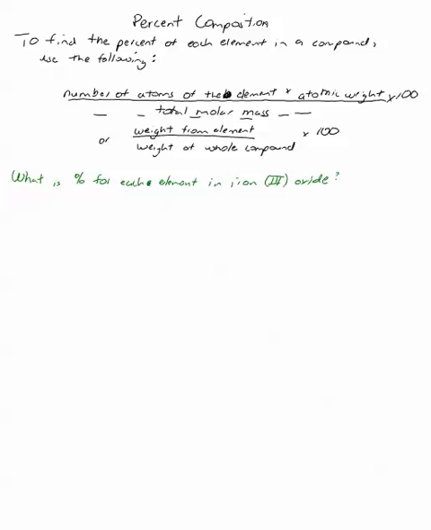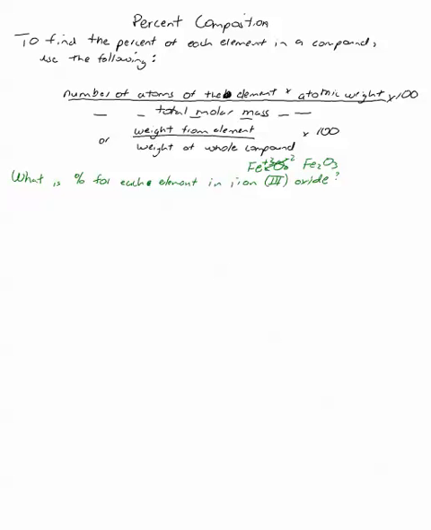So we have iron, which we know is Fe, and this Roman numeral 3 means it's a positive 3 for the charge there. And then we have oxygen, which is O negative 2. Don't forget what we got to do here. We got to crisscross. And so the final formula then is Fe2O3.